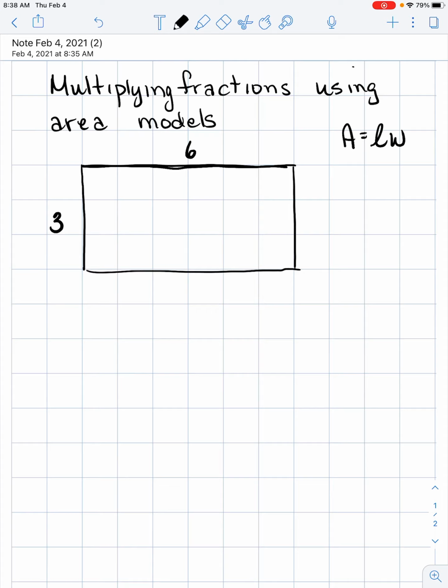We could just count, right? 1, 2, 3, 4, 5, 6, 7, 8, 9, 10, 11, 12, 13, 14, 15, 16, 17, 18. We counted the number of squares, and it is 18, therefore the area is 18.